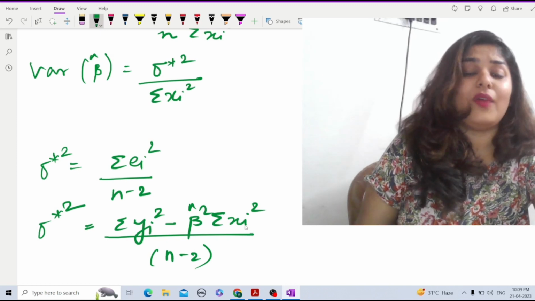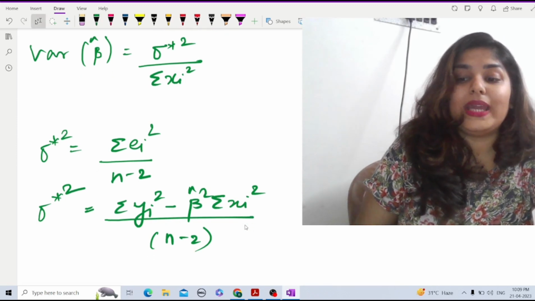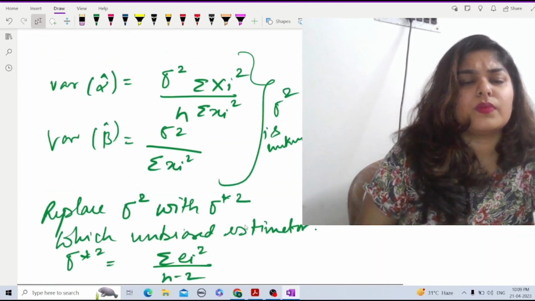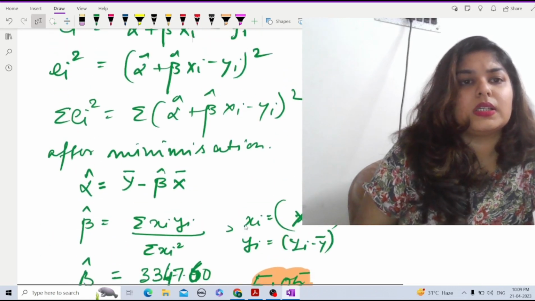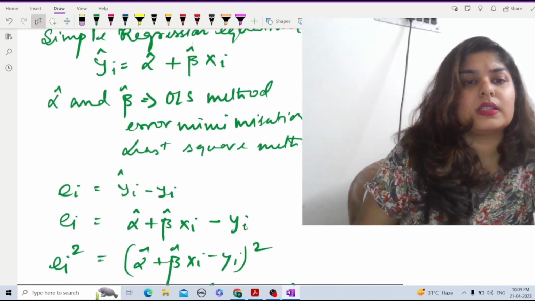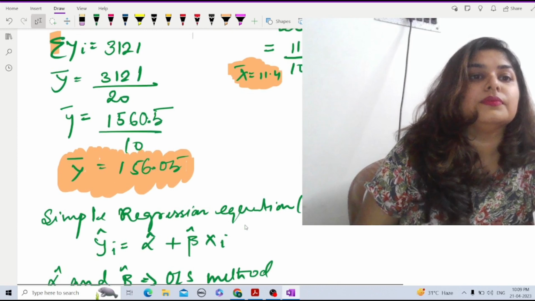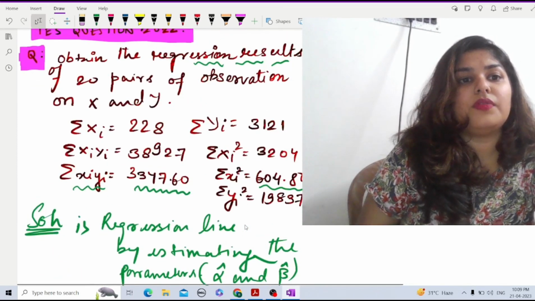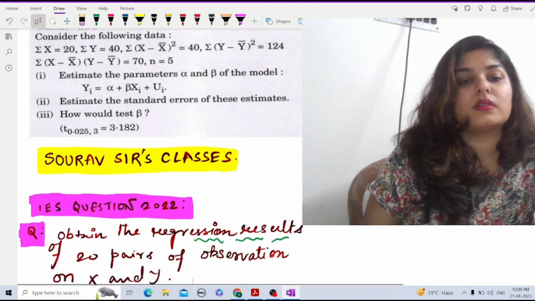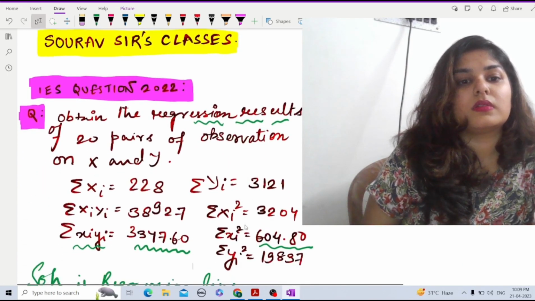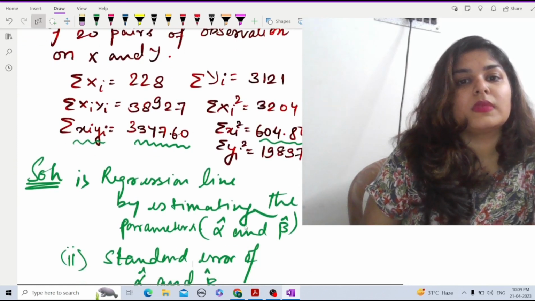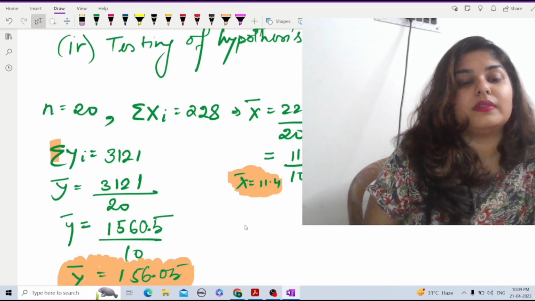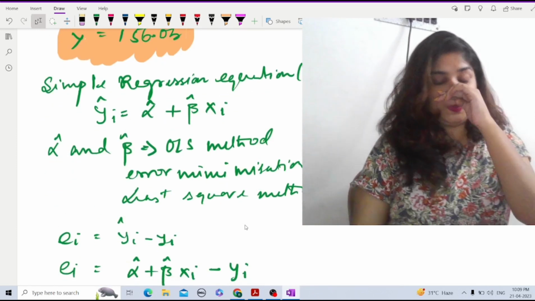So let us just put the values here. So what is summation yi square? Let's go up and find out the data. Yes, so the value is 19837. Okay, 19837. So let us just write down the values here.